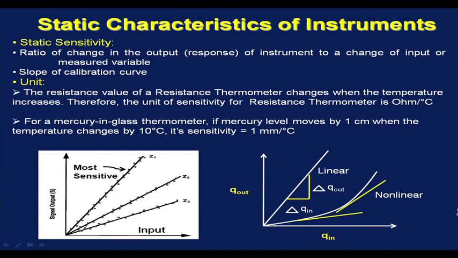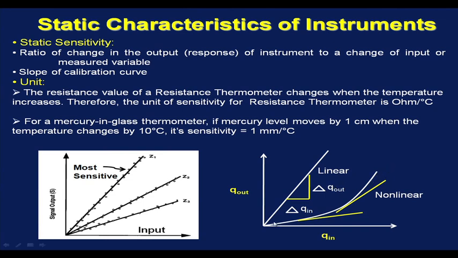So, let us look at this calibration curve. This is a calibration curve for a linear instrument, where the input output follows a linear relationship. So, the slope of this straight line, which is given by delta output divided by delta input, will be the static sensitivity of the instrument.